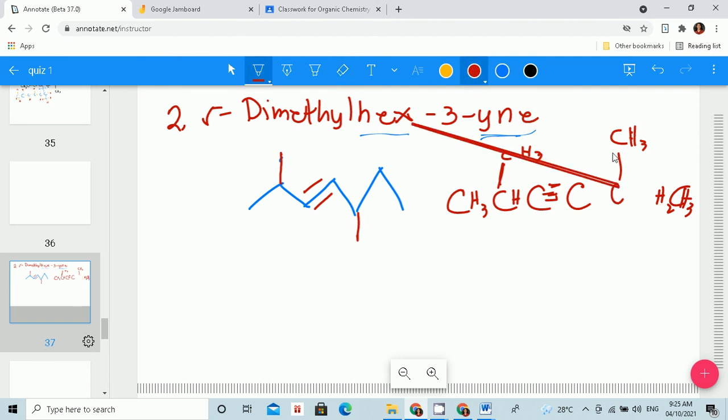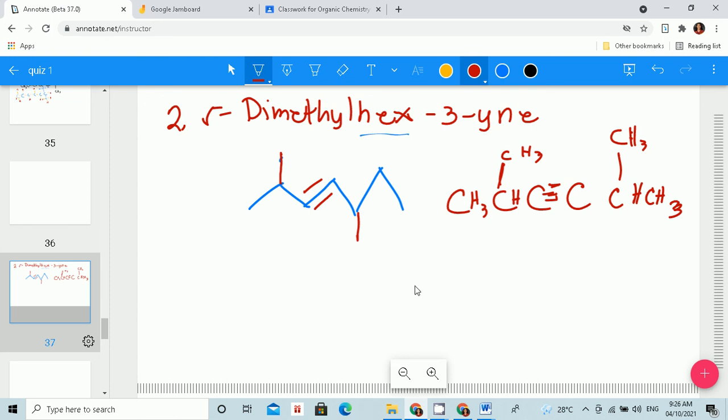Sorry, we have C. We have H and C. Then we have, okay, 1, 2, 3, 4, 5, 6, 7 lagi ni. So we have 3 ra. Okay, so we have 3. Okay, so this is it.